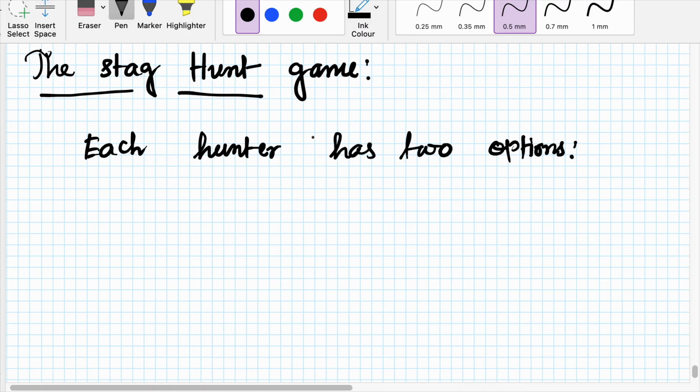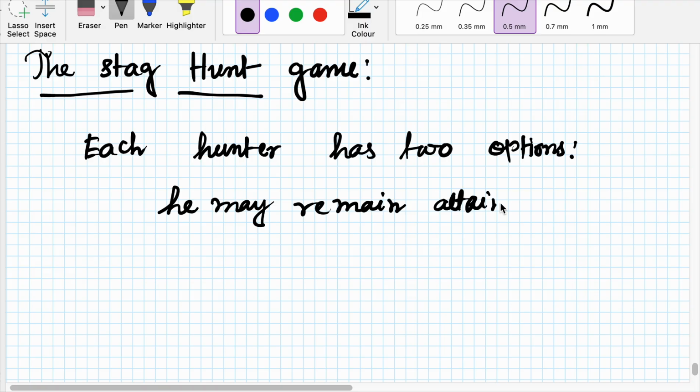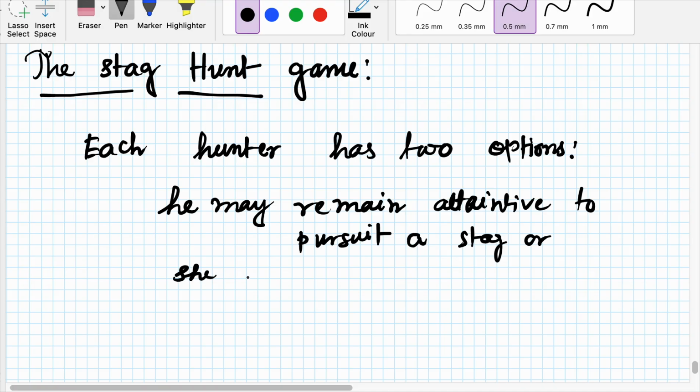First, she or he may remain attentive to pursue a stag, or she may catch a hare.